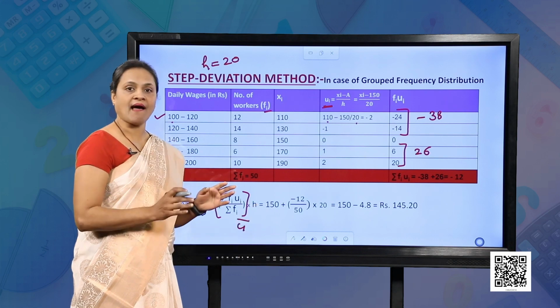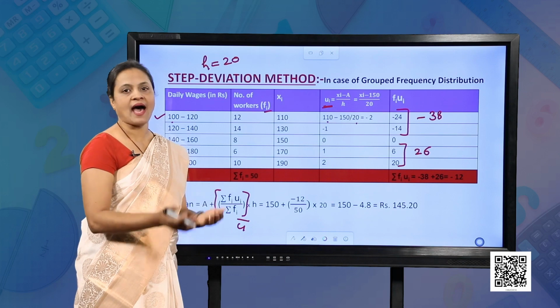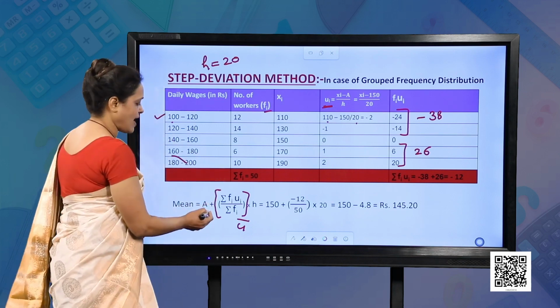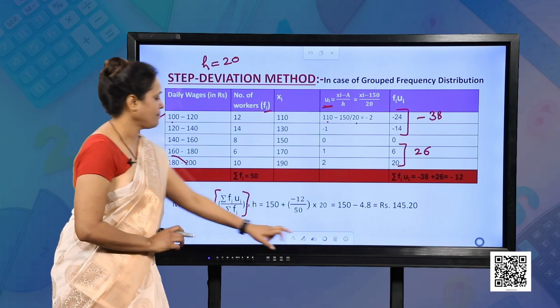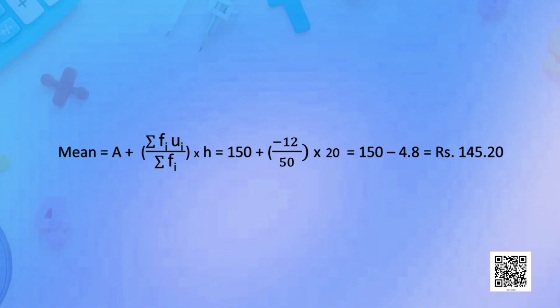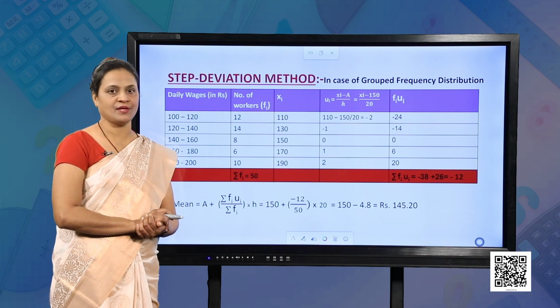Again I subtracted the assumed mean a from all the xi's, so now I have to add it back. So, I will add a. The formula turns out to be a plus sigma fi ui upon sigma fi into h. Substituting the values, we again get the mean as 145.20. So, in all the three methods, we got the same value of mean.